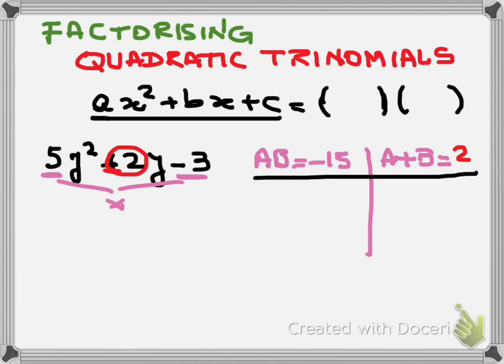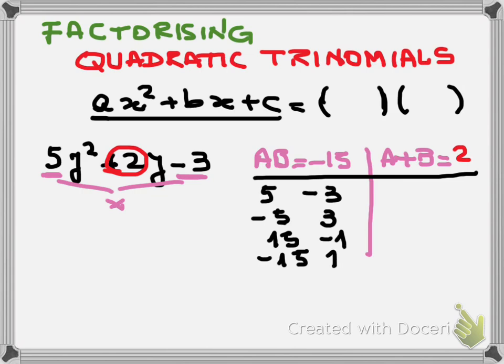So I am going to start with the multiplication, by writing numbers whose multiplication is negative 15. Of course, I have the original ones, which are 5 and negative 3. And I also have negative 5 and 3, and 15 and negative 1, and negative 15 and 1.